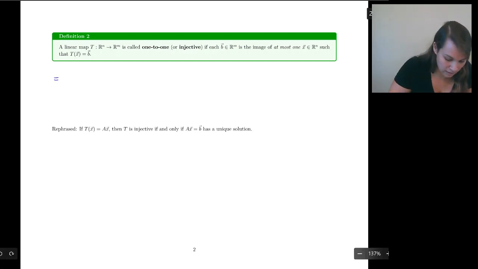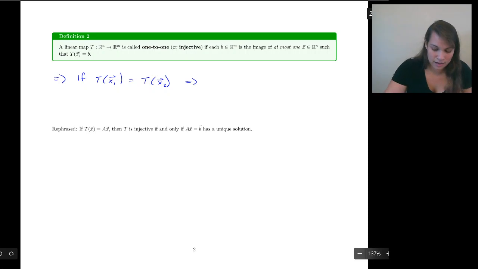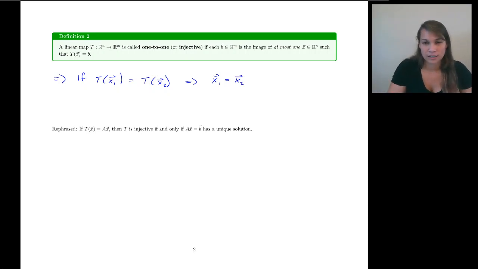So what this is implying is if T of x1 equals T of x2, then x1 equals x2.